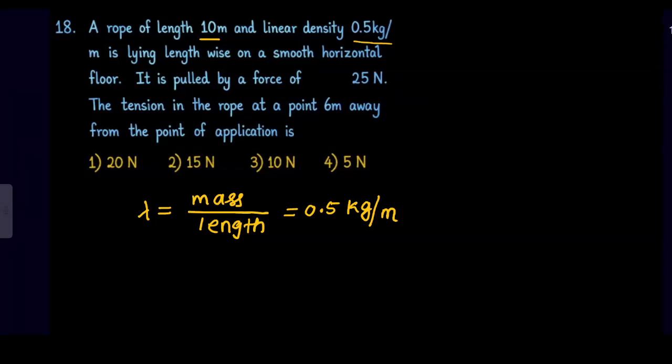Okay. Now, so they are saying, we need to find the tension. So look at now, where do I need the tension now? Initially this is a rope, and the complete length of this rope, how much they given? The length is given as 10 meters.